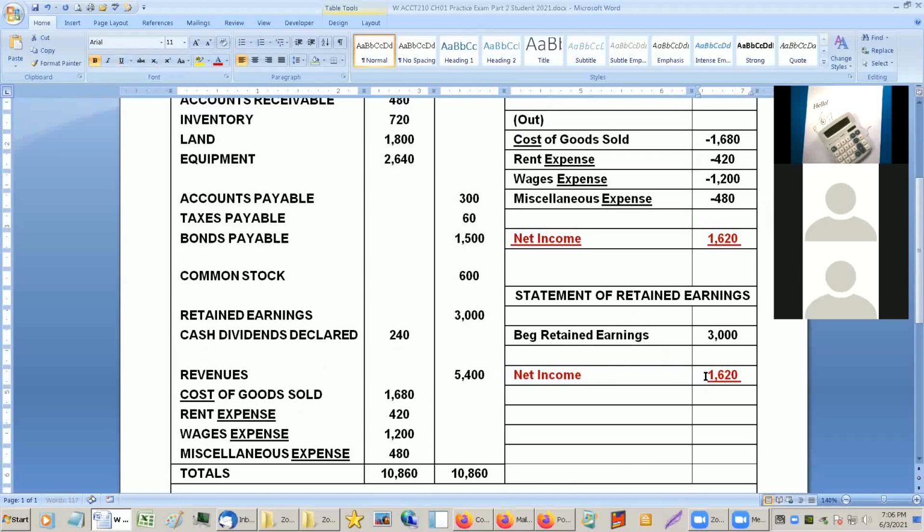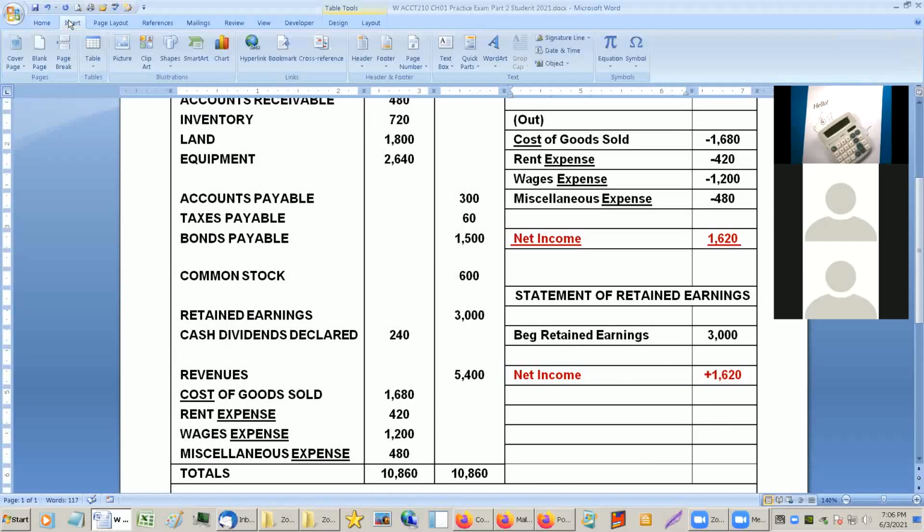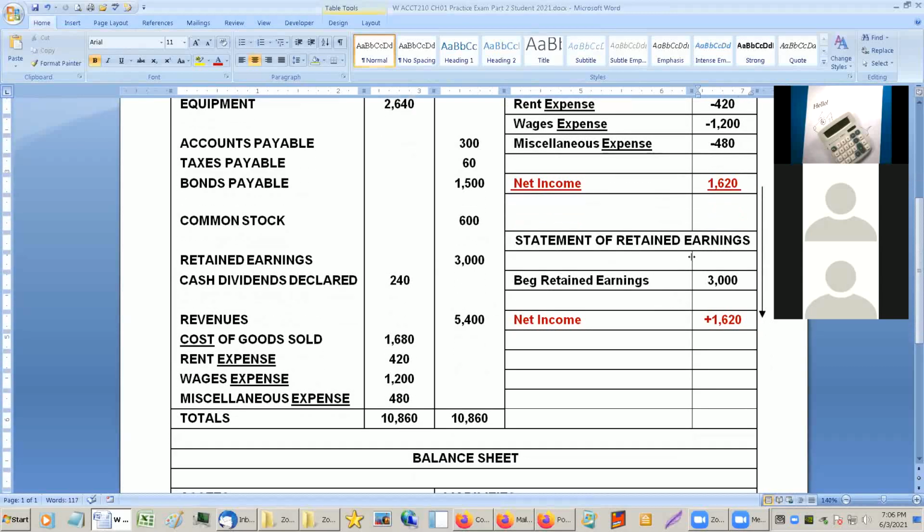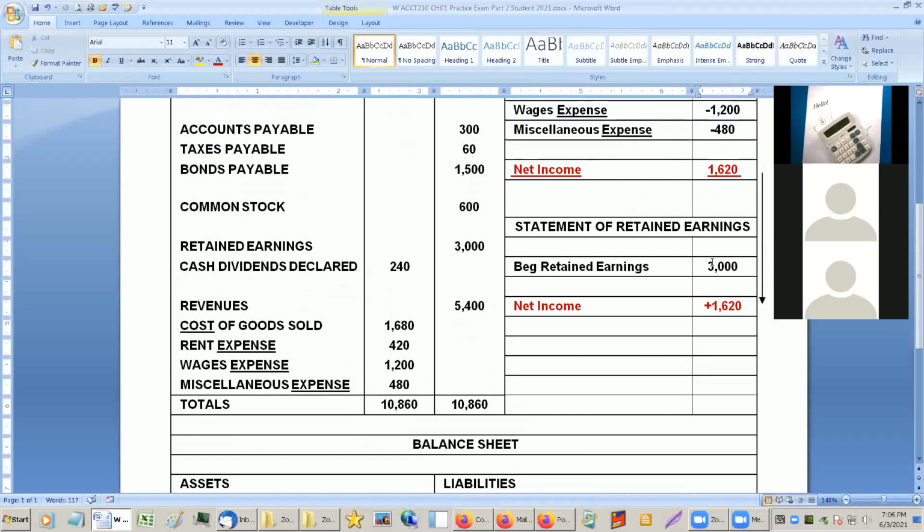And the net income gets added. This net income is just from here, the same. So this is the owner's piggy bank, and they started out with 3,000.